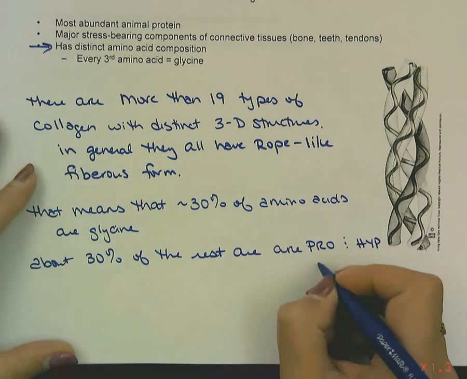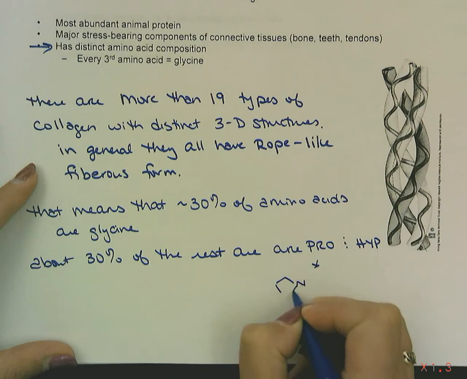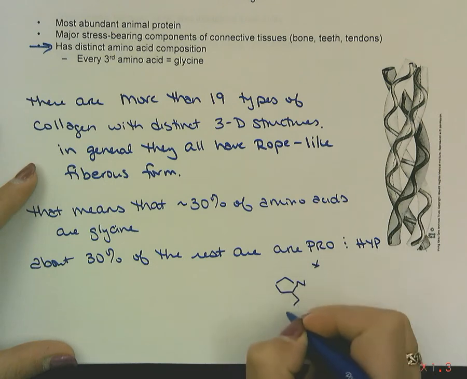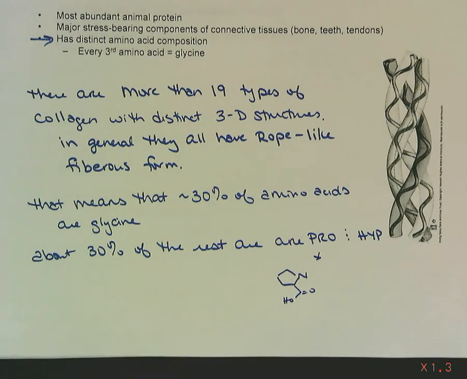As a reminder, proline's this guy over here. Here you got the carboxylic acid group, but then our amine is wrapped up into a 5-membered ring.